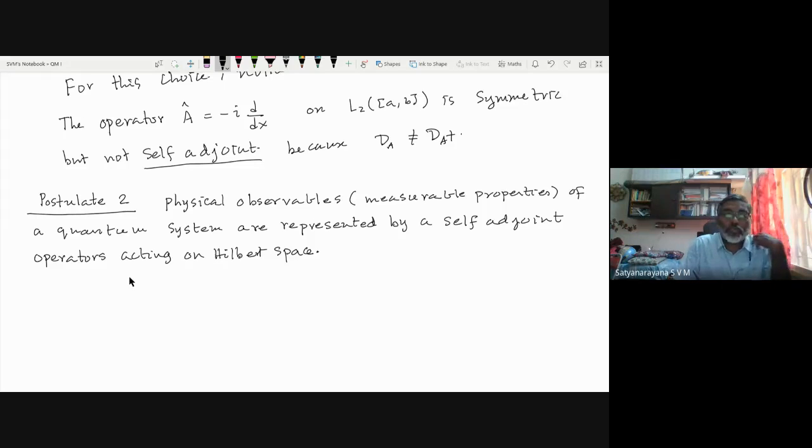So physical observables of a quantum system are represented by self-adjoint operators acting on Hilbert space.